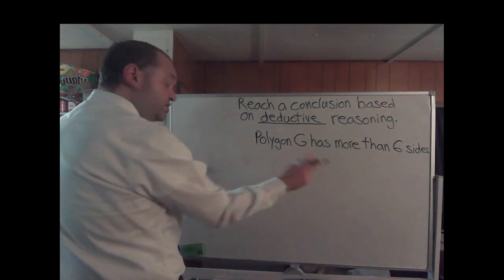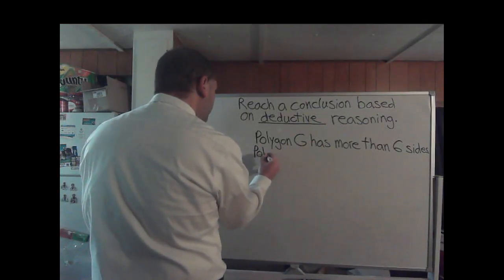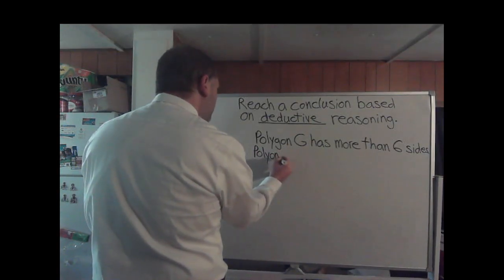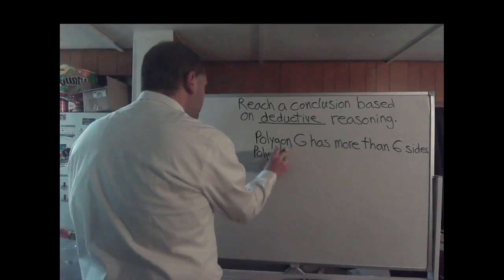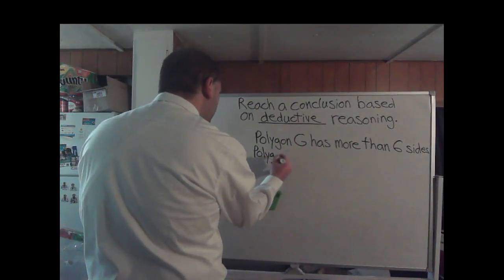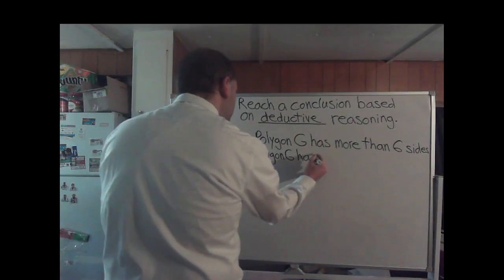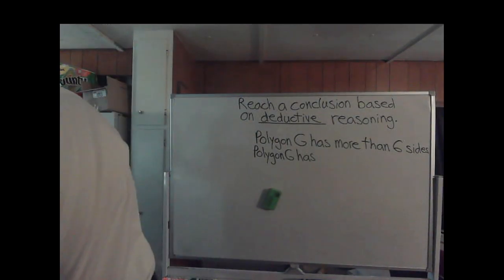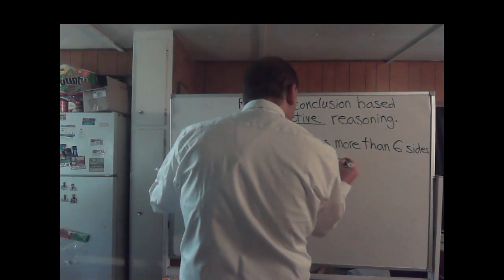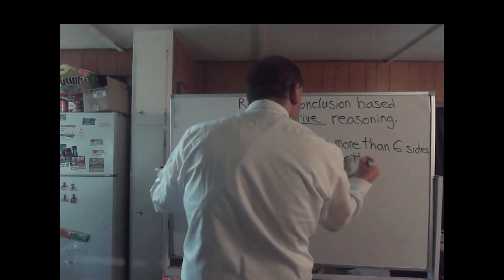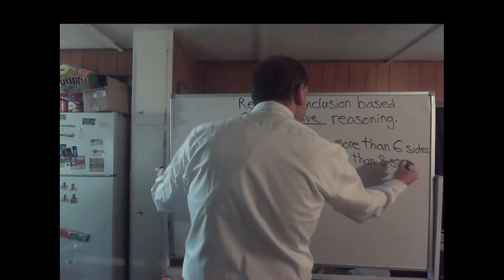So polygon G has more than 6 sides. It also says that polygon, damn, I'm doing it again like yesterday. It's not polyon, it's polygon. Polygon G has fewer than 8 sides.